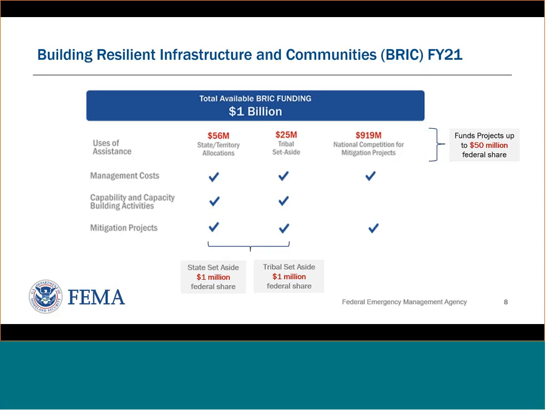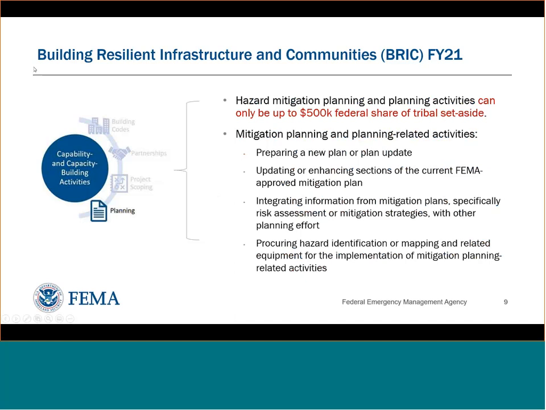It's really important to note that capability and capacity building activities, which include planning, are only available in the tribal set-aside or state set-aside. They do not go into the national competition, so you have to apply for it as part of your set-aside. Next slide.